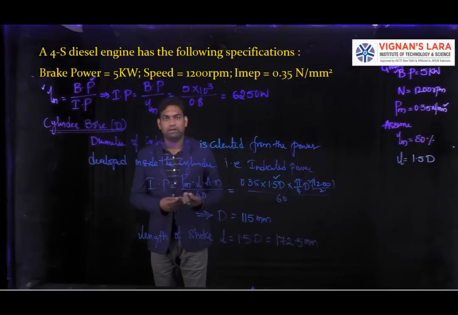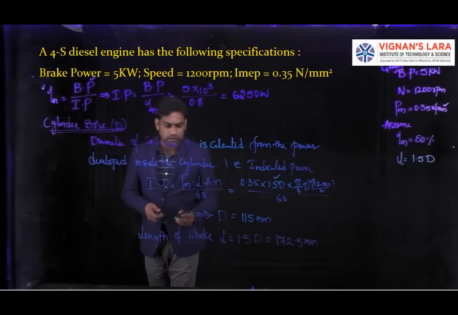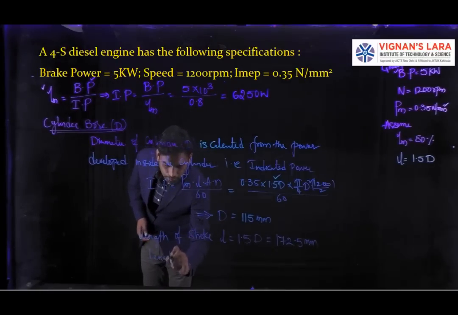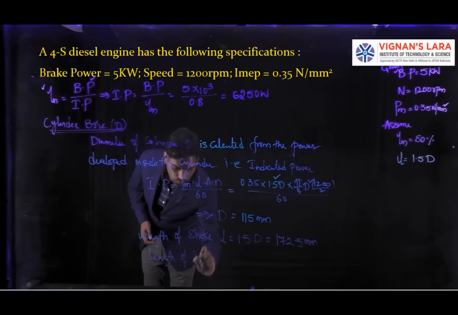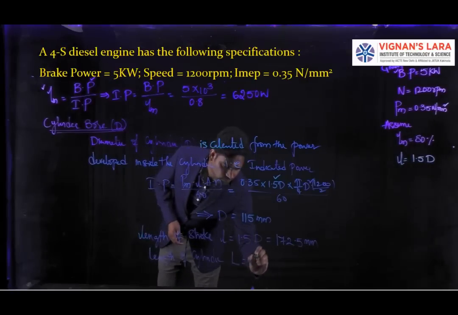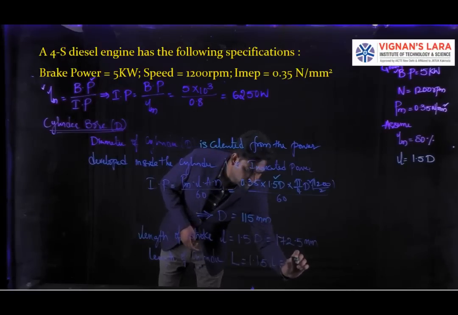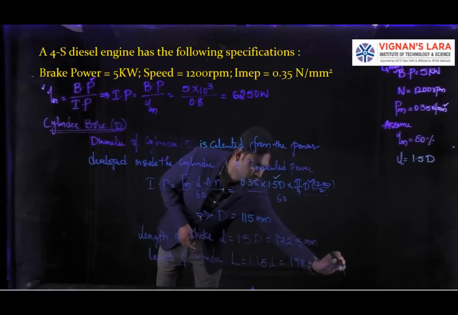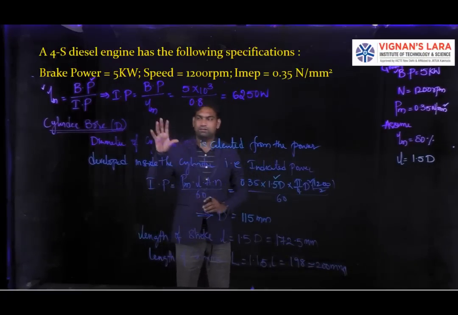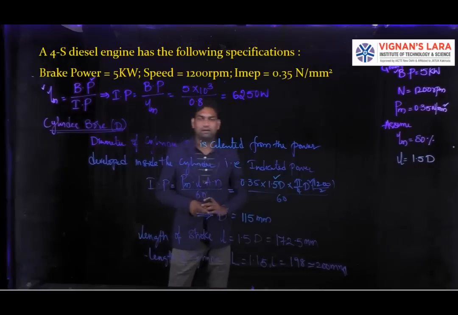And from the stroke length, we can provide a clearance on top and bottom side as 15% of stroke length, so that the total length of cylinder, denoted by capital L, is given by 1.15 times of stroke length. It is given by 198 mm, and this will be made as 200 mm. So that is the first step in the design, the cylinder bore and the length of cylinder, capital D and capital L. Clear?